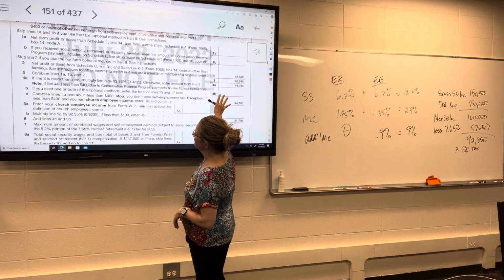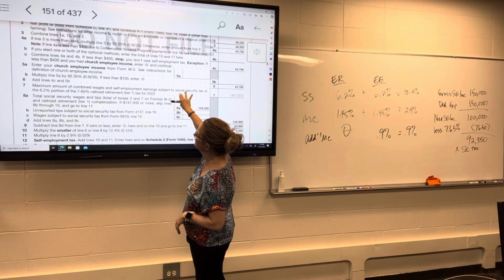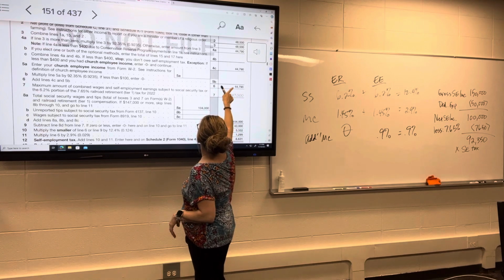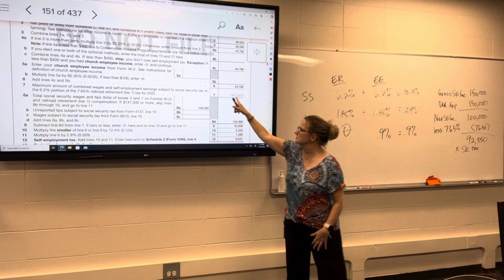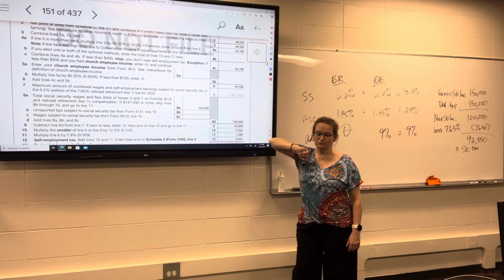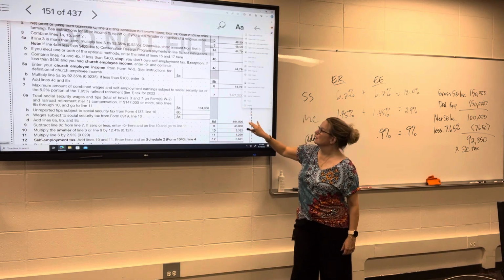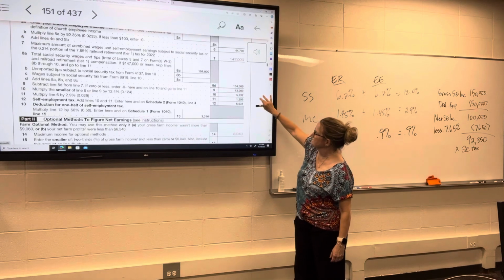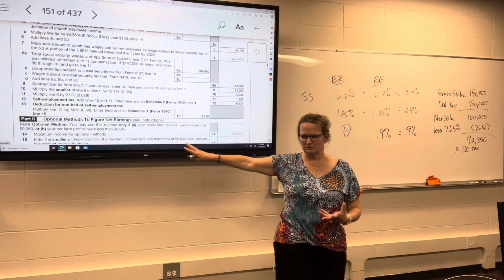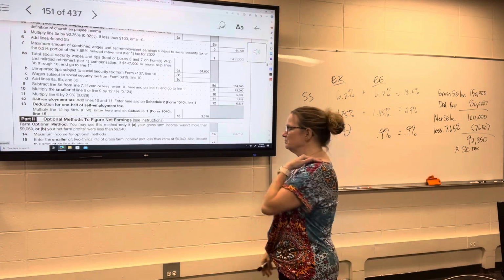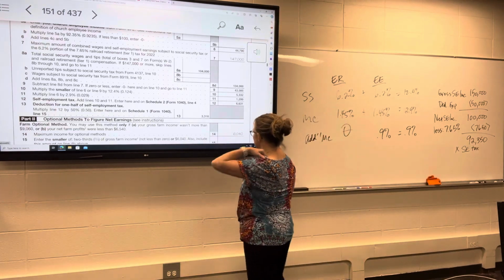Let's see, what else do I want to say here? So here's the total amount that's subject to self-employment tax, and then this is where that calculation is done on the Social Security wage base, that 147. You guys have already done this. You did this in chapter 6, so you should be pretty familiar with the Schedule SE.